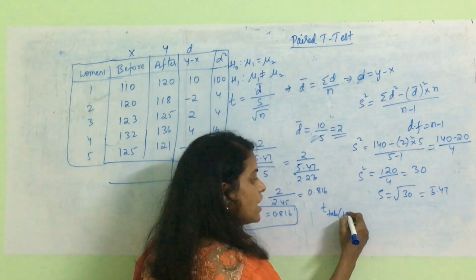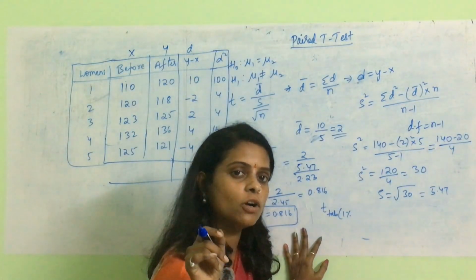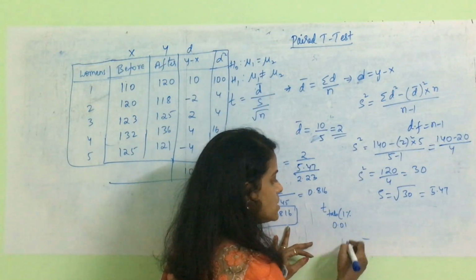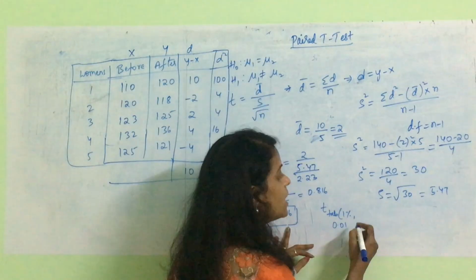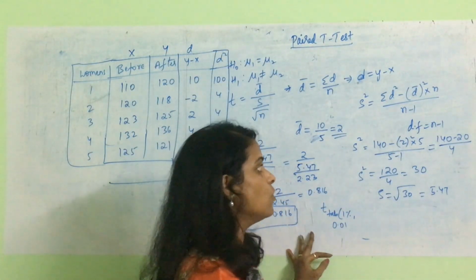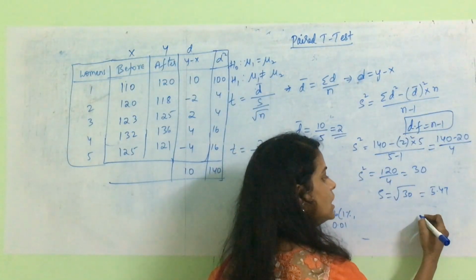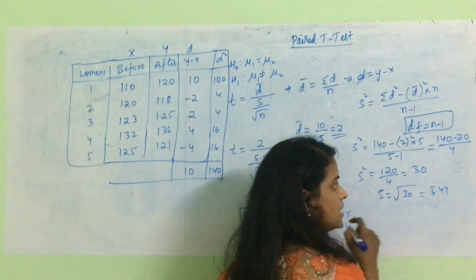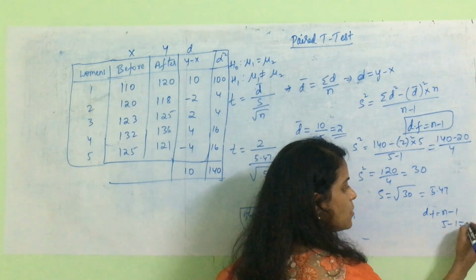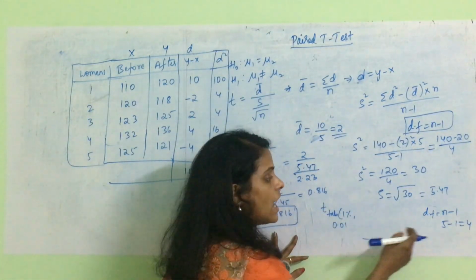In the question they have directly given 1% level of significance. I am sharing the t table on the screen, just check over there. At 1% level of significance, that means 0.01, and you have to check with the degrees of freedom, that is n minus 1, 5 minus 1, which is 4. So check 0.01 at 4.